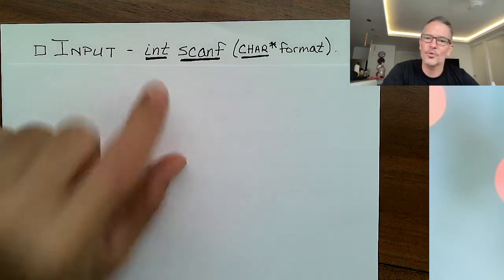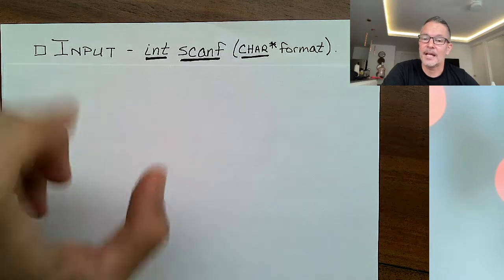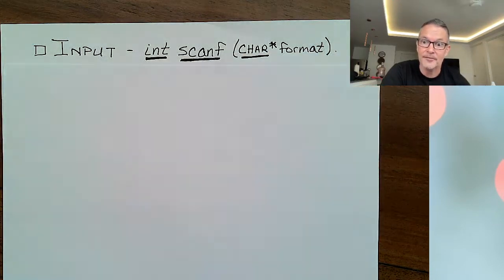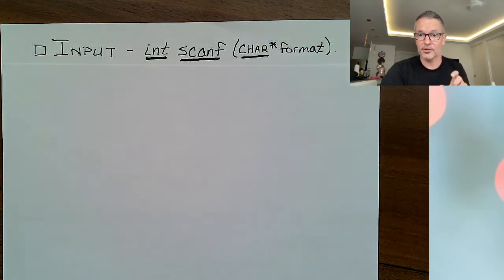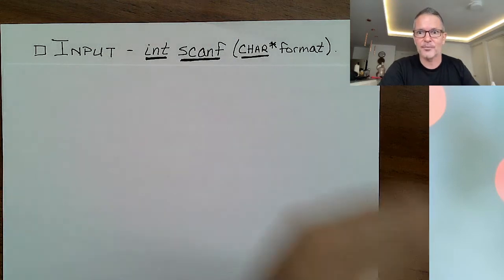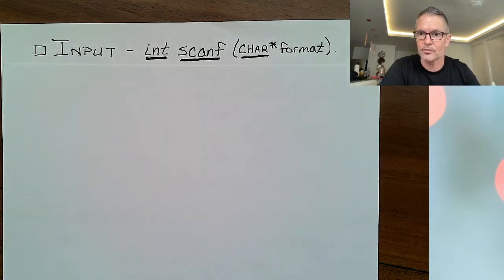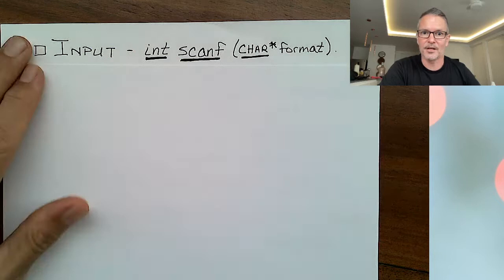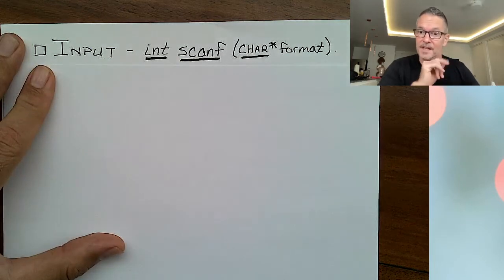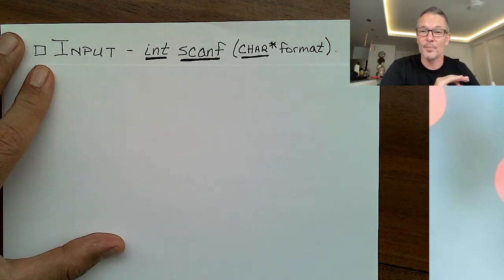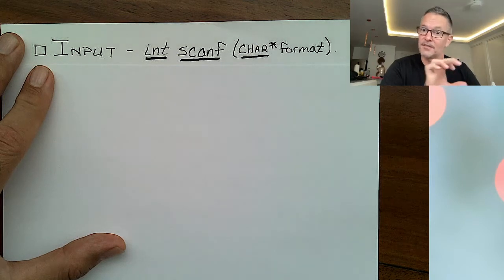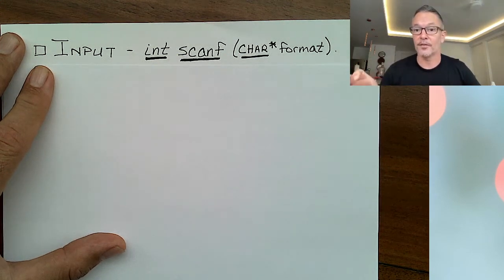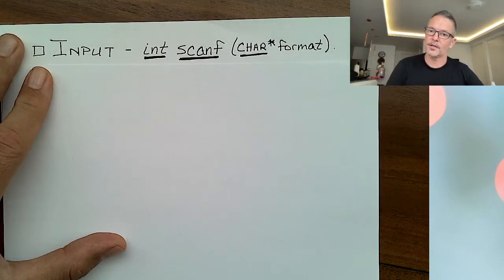In scanf, the integer will tell you how many characters actually got read in from the screen. In printf, it tells you how many characters actually got printed out to the screen, in case you want to know exactly how many characters were printed out. Because as we said, it doesn't always obey your format string. For instance, if your number is longer than the width you specified, it's going to ignore your width and it will still print out all the characters.